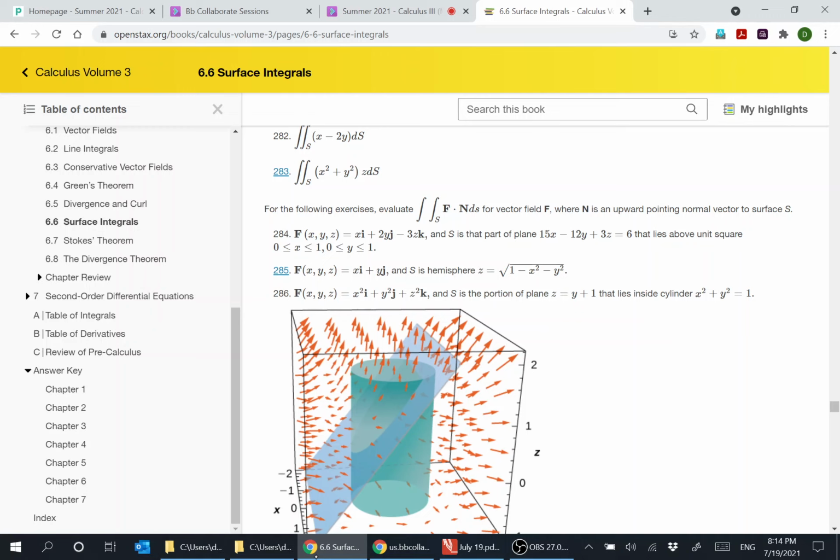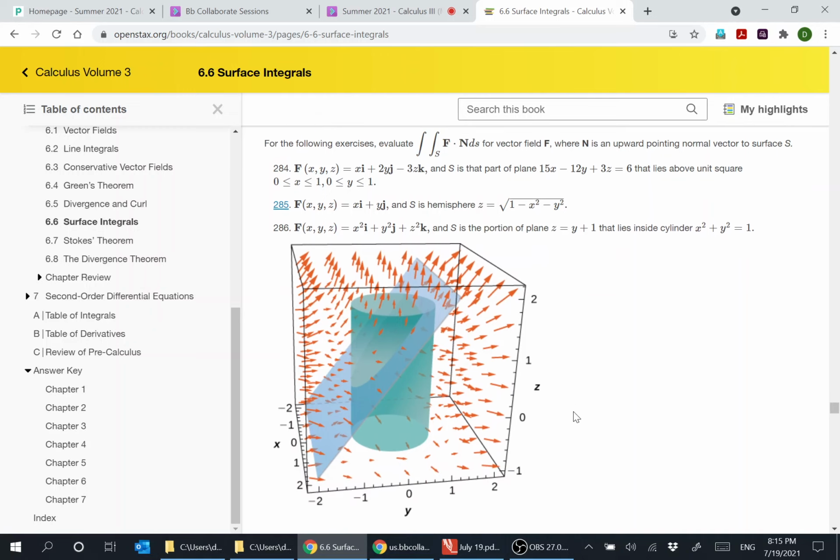You're measuring the flow in the upward direction across the surface, rather than the downward direction. As long as the surface isn't completely vertical, going from bottom to top makes sense.